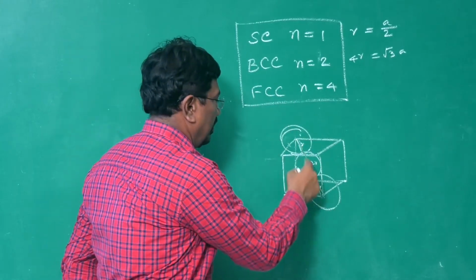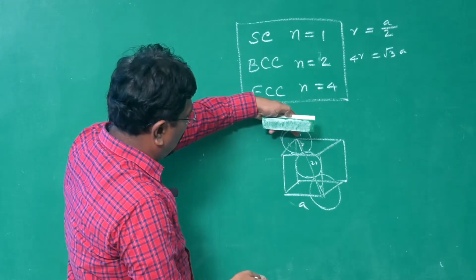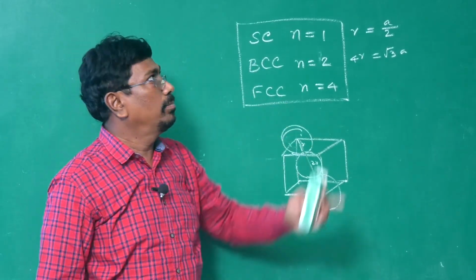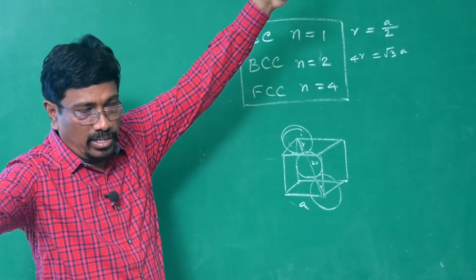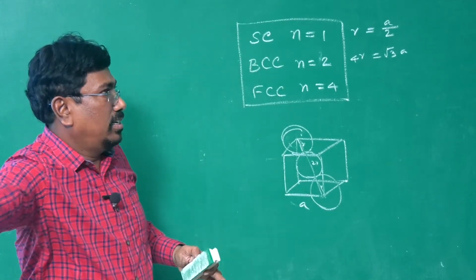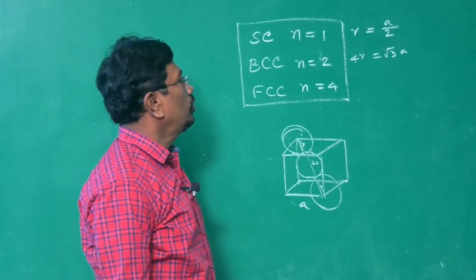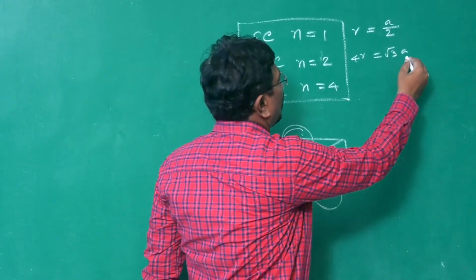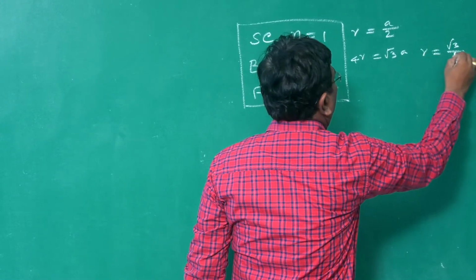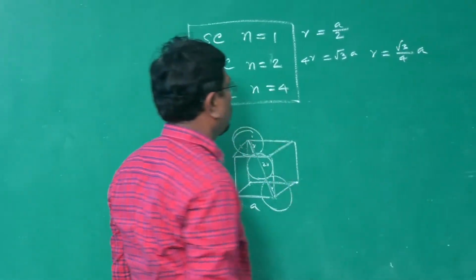If we start from this corner to that corner of a cube-shaped room, the length will be root 3 a. Therefore, r is equal to root 3 by 4 a in the case of BCC.